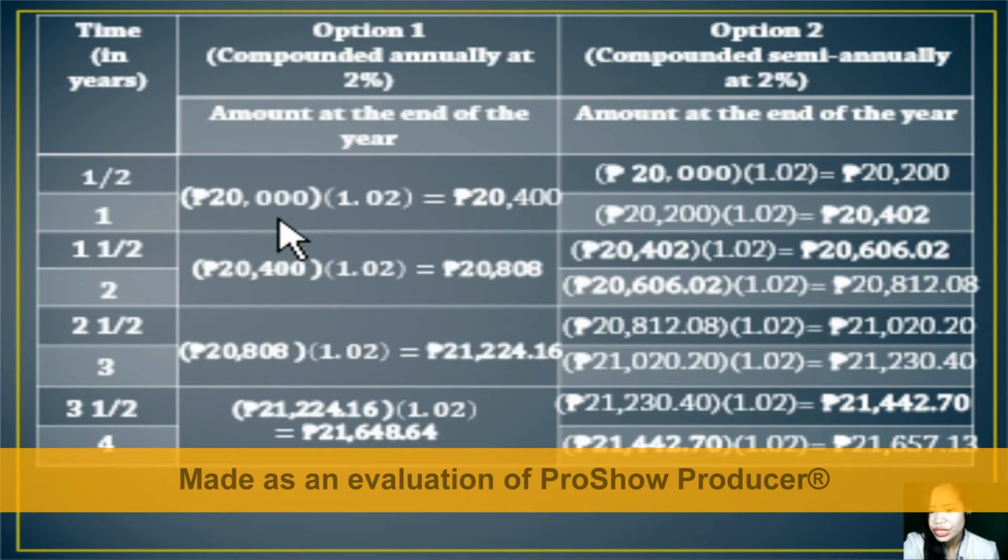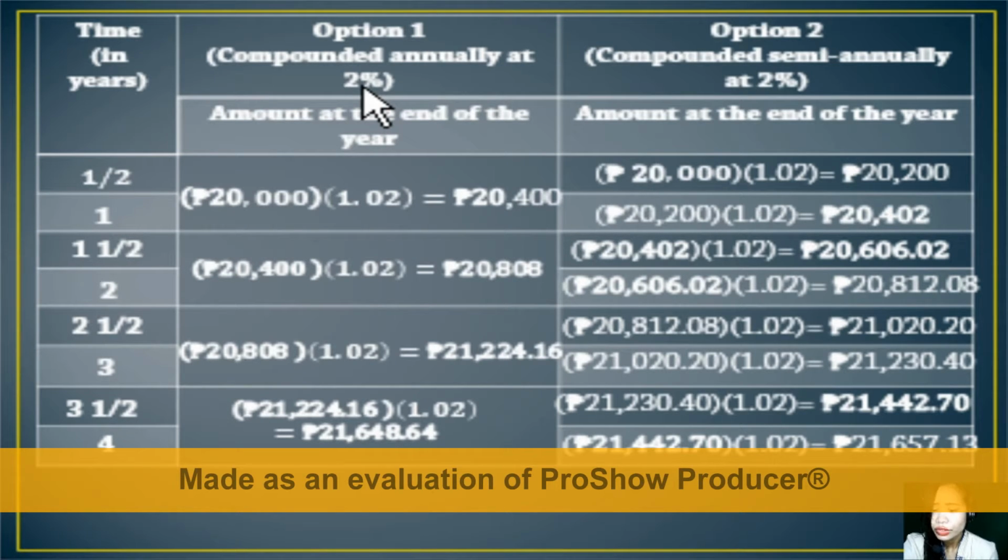Now, in the first year, in option 1, which is compounded annually at 2%, it is computed from the principal, which is 20,000 multiplied by 1.02. Why is it 1.02? Because the interest rate is 2%.